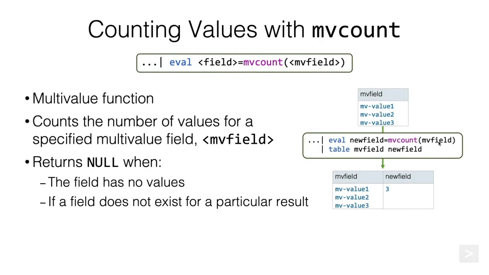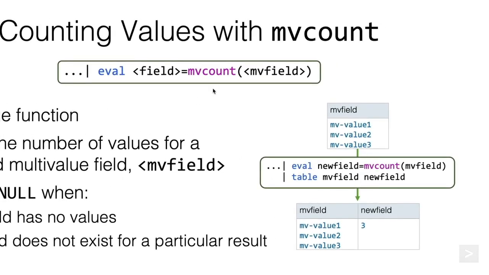If the field passed into the mvCount function has no values or doesn't exist, mvCount will return a value of null. The mvCount function takes in a multi-valued field as an argument, returning a numeric value as the count value.